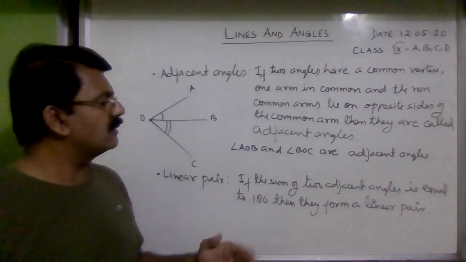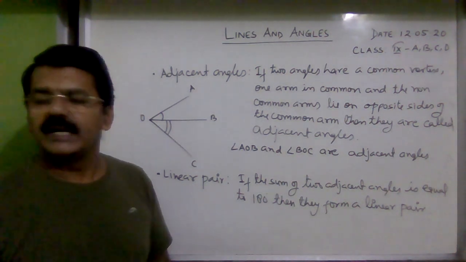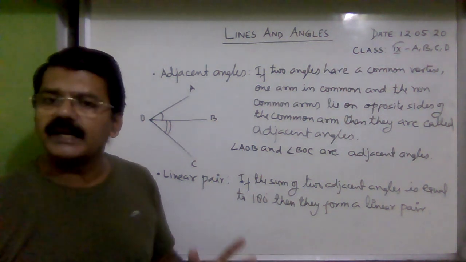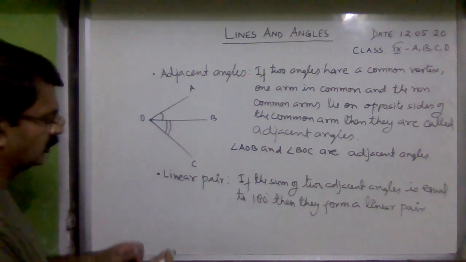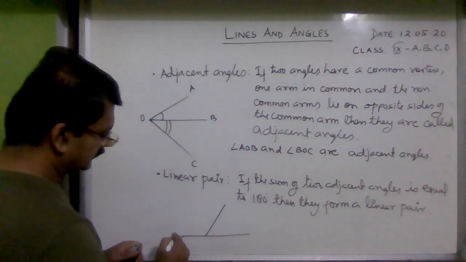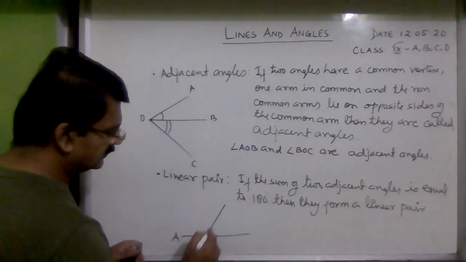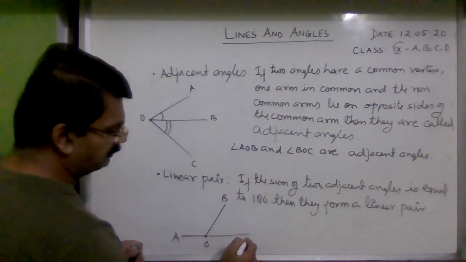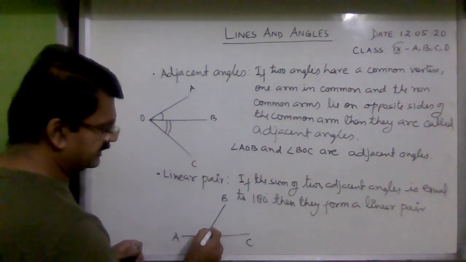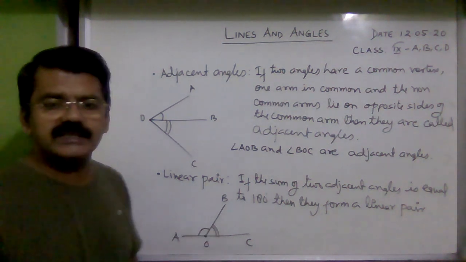If the sum of two adjacent angles is equal to 180 degrees, then they form a linear pair. Now I'll show you angle AOB and angle BOC.